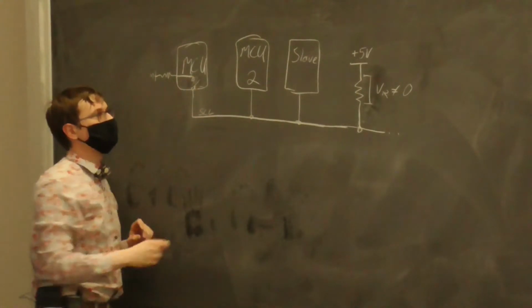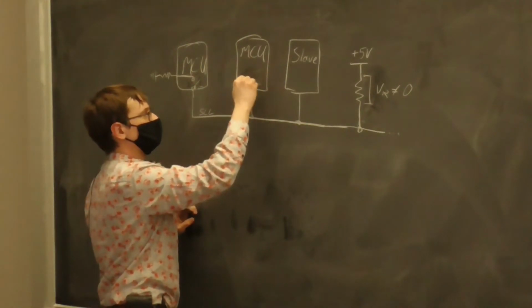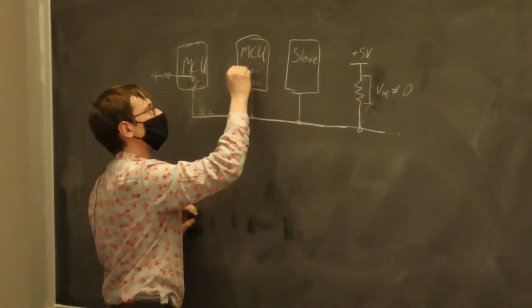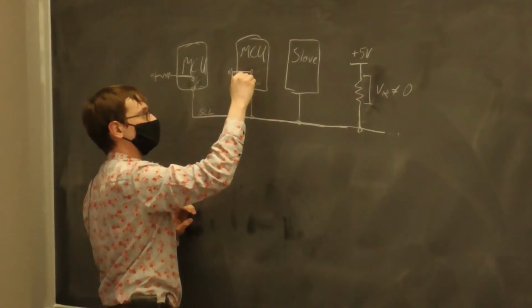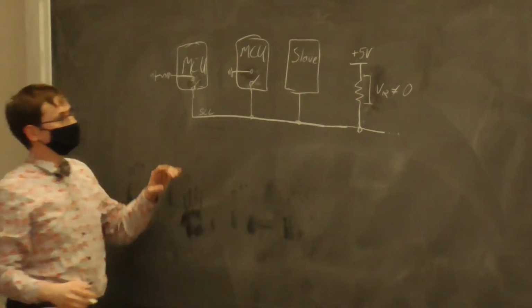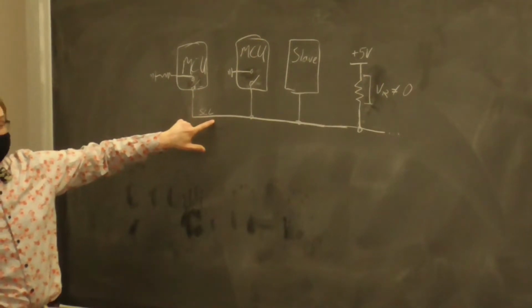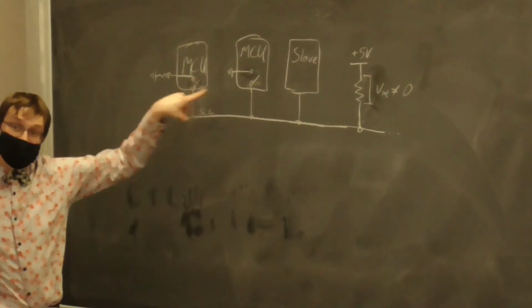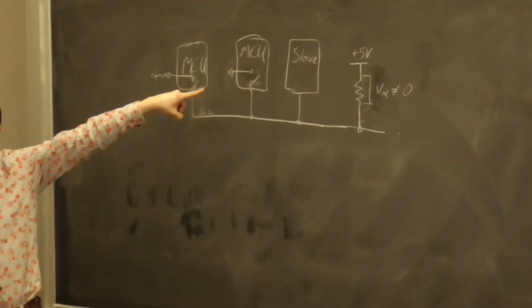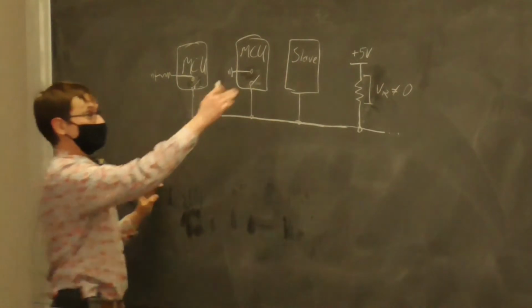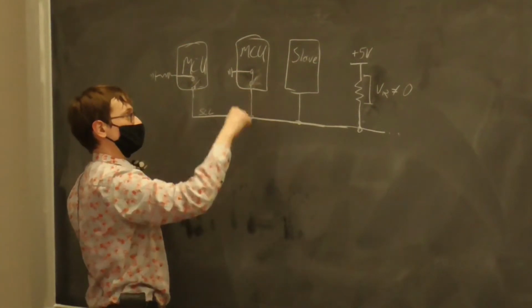So fine. If we have another one, essentially this line is the AND of these two switch positions. If this gets closed, then it's low.